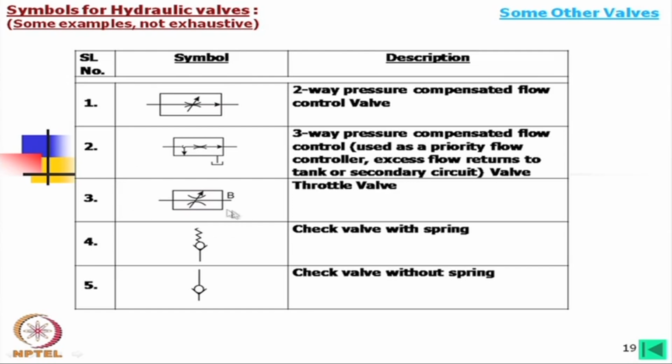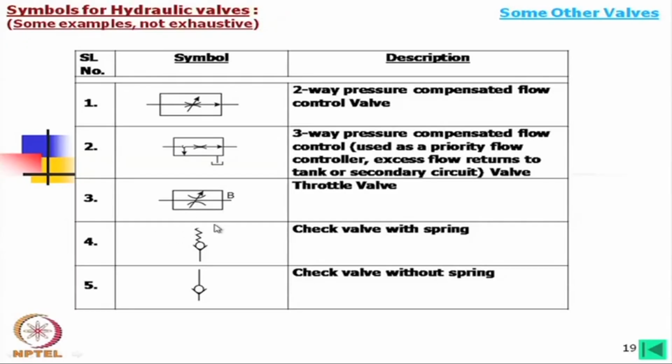In the case of the throttle valve, that excess flow has to go through this pressure relief valve, which is set at the system pressure. That means, between this throttle valve and the pump, the pressure will always be the system pressure. It is something like that. So, you have to study in detail while you are designing such circuits.